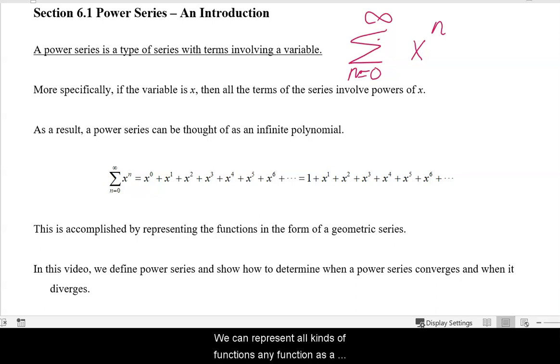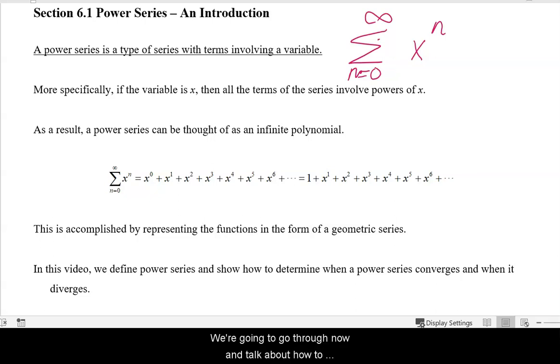This does give us this infinite polynomial. We can represent all kinds of functions, any function, as a power series, and this makes them so useful in computing situations. Once we have this, we can think of these as some form of a geometric series, where the base being raised to the power, which would normally be r, is in this case x.